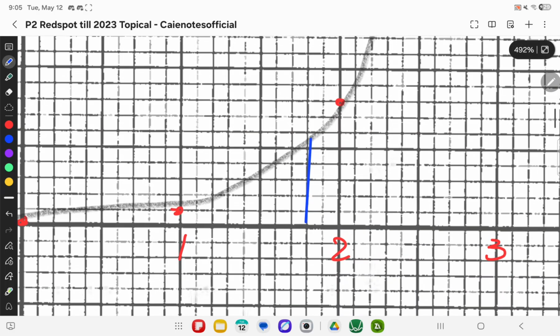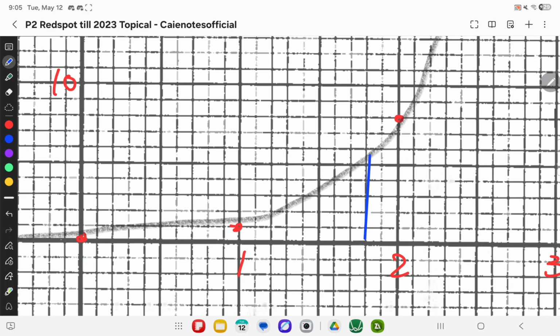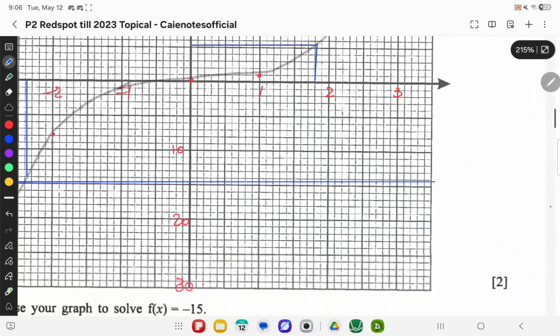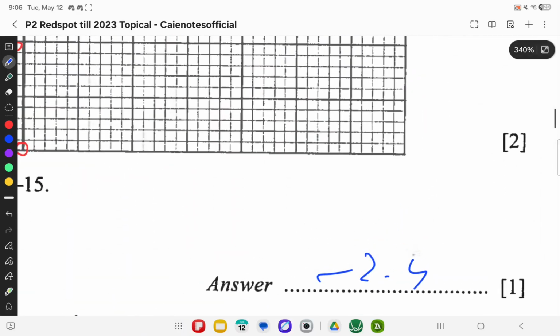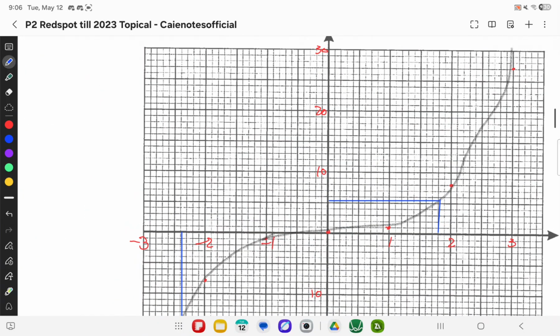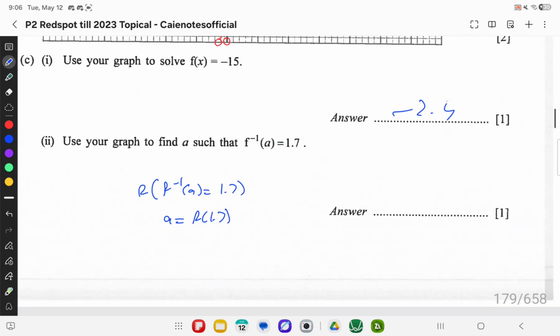The value of a is this y value, which is like 5 something, 5.1. Let's call it 5.5. Now, I think this is a good way to do this question.